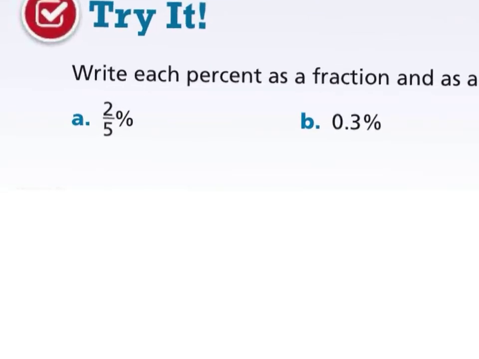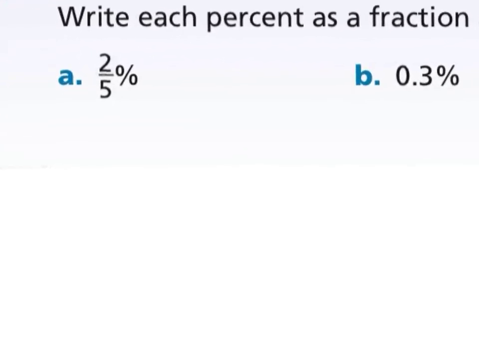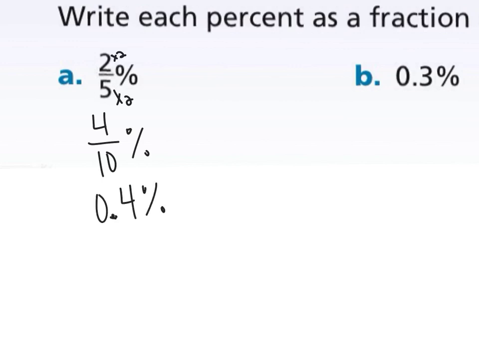So on the try it, same idea. They want us to write these as fractions and decimals. So 2/5 of a percent, we can change that to a decimal, the 2/5 part. If you multiply both of those by 2, that's the same as 4/10. So that would be 4/10 of a percent.